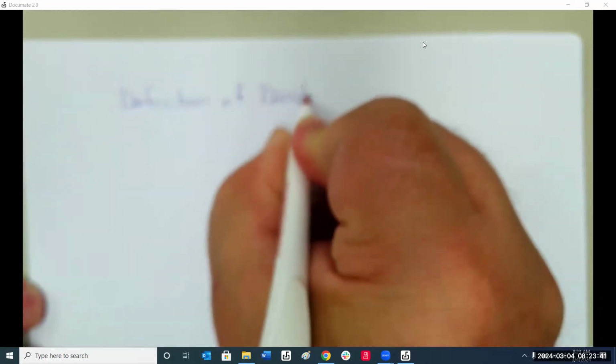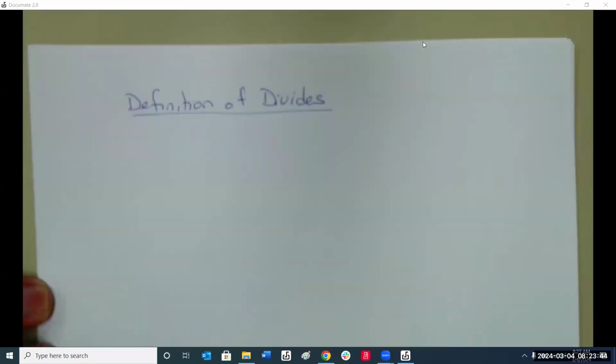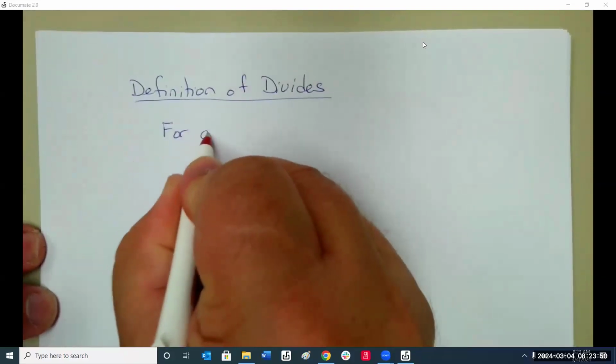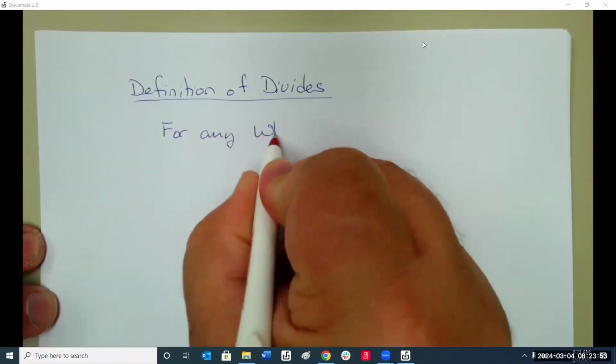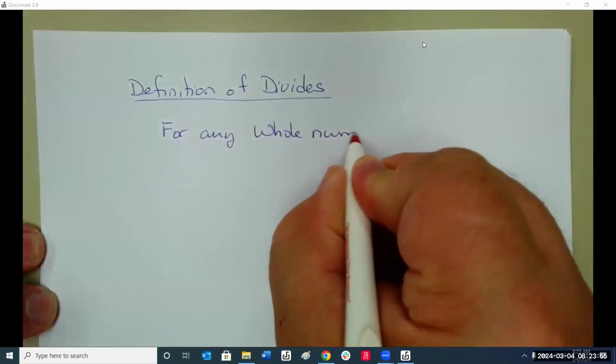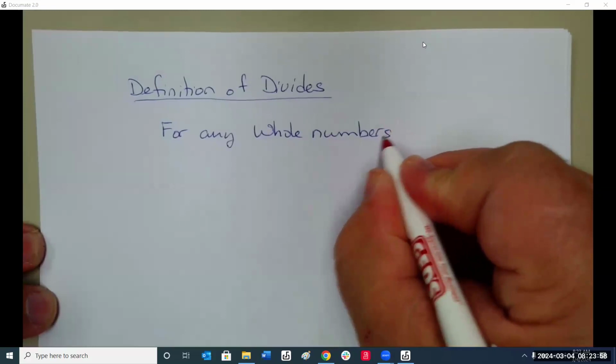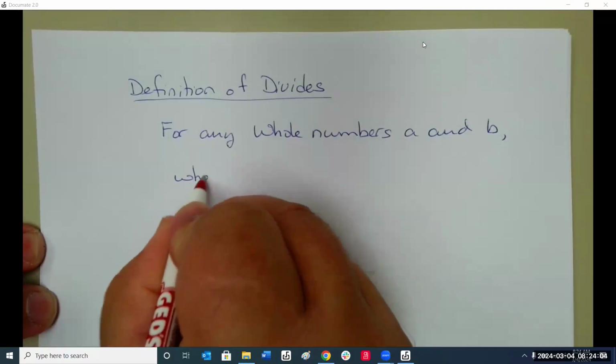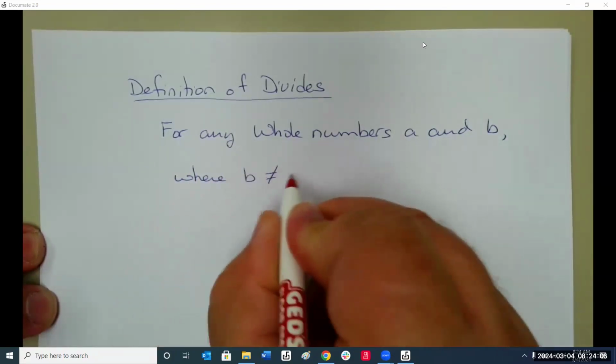All right, let's define divides. It's on your sheet. Definition of divides. So it says for any whole numbers A and B, where B does not equal 0.